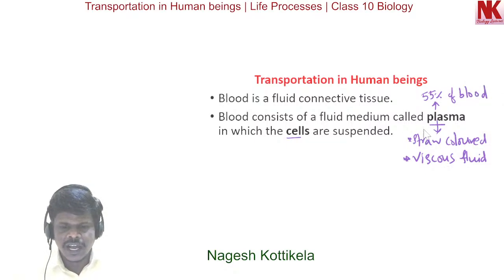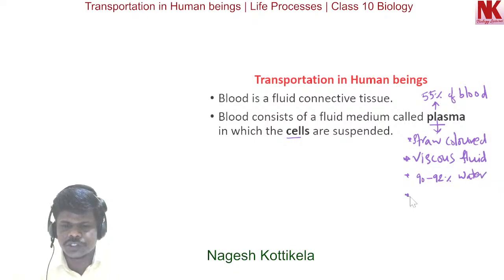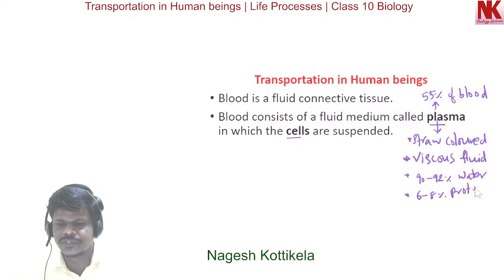It contains 90 to 92% water and 6 to 8% proteins. So these are some important aspects related to plasma.